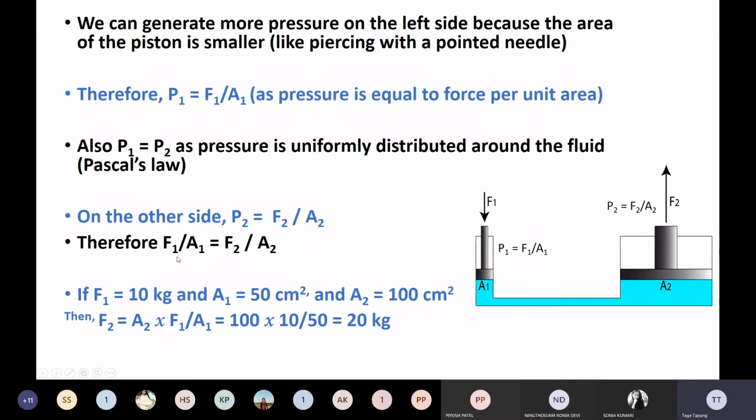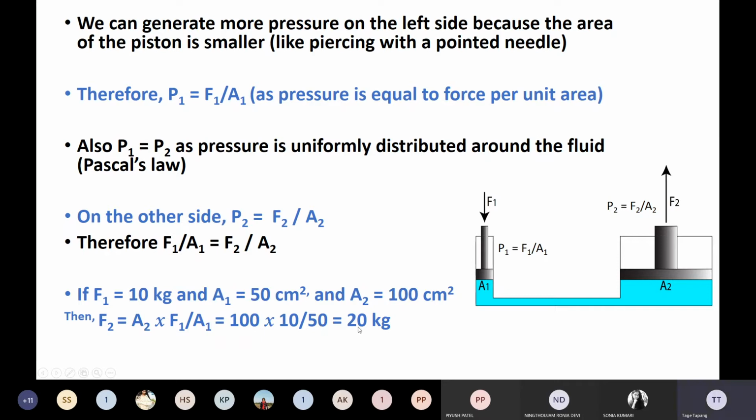So from this equation, we can find F2. F2 will be F1 by A1 into A2. A2 is 100 centimeter square, so 100 into F1 by A1, 10 by 50.